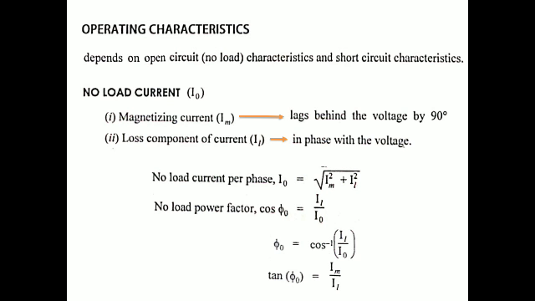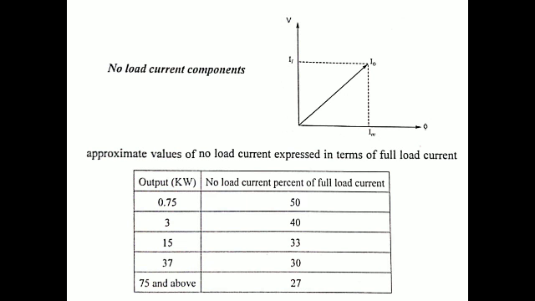This is the graphical representation of the I naught component, which is the combination of two things, IL and Im. In the design aspect, we have a lot of assumptions here.